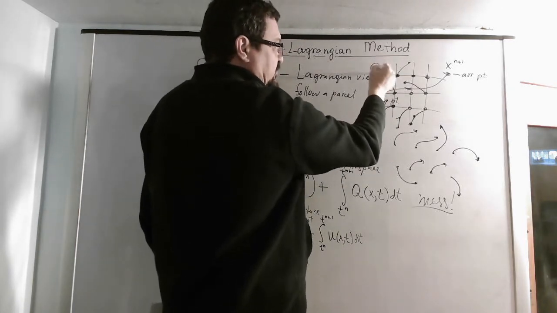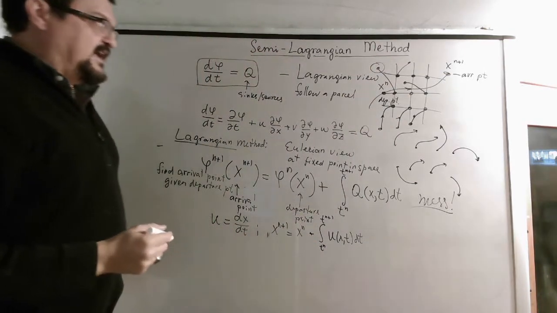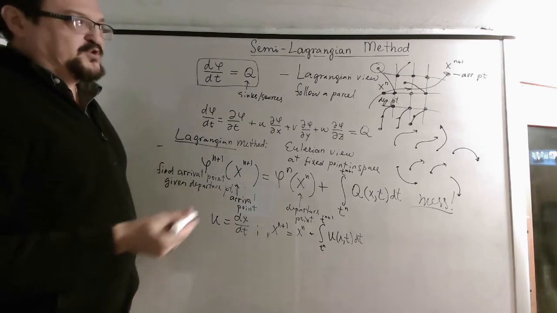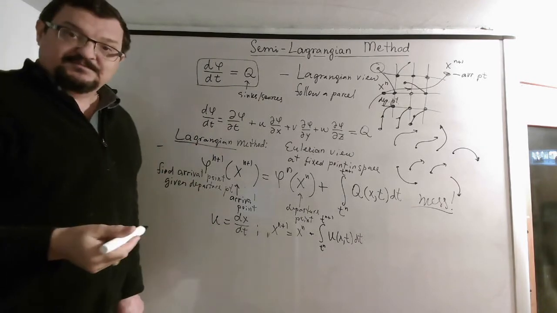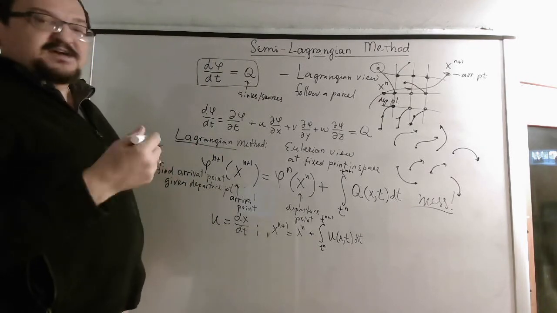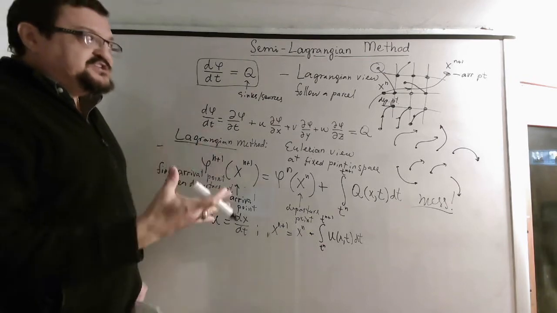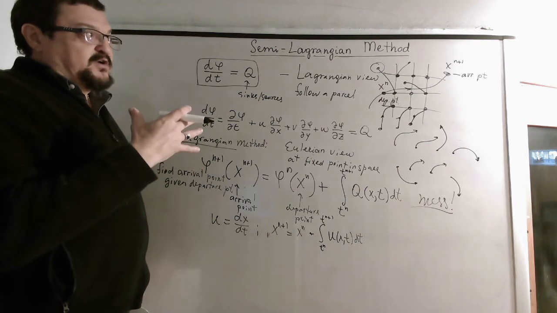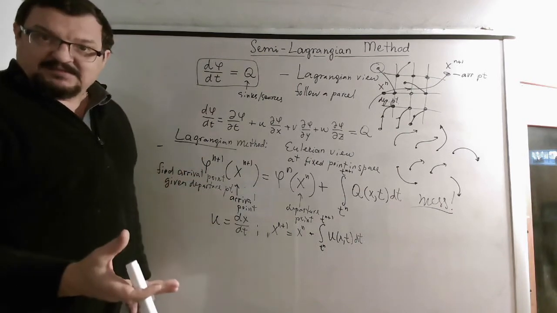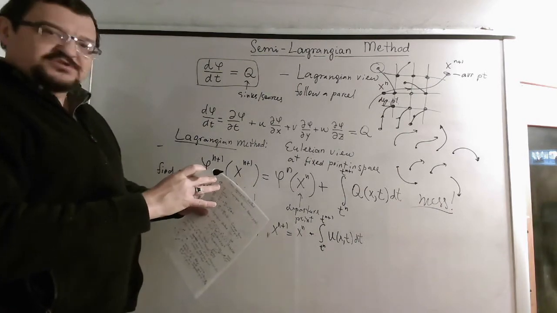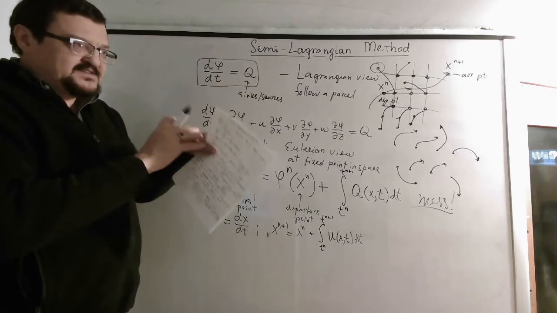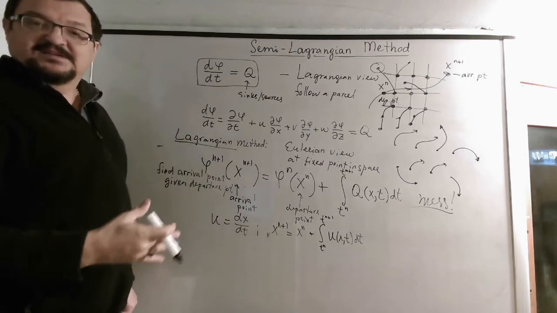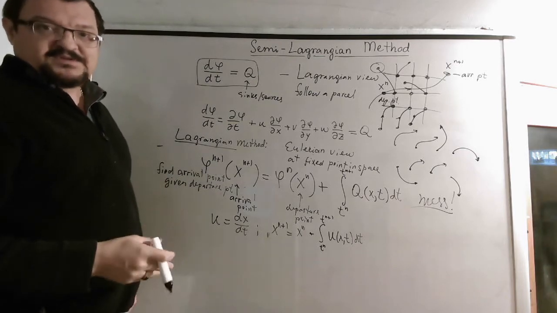So basically this is what you need to do to find a departure point for an arrival point that you know. And in that case, on each new time step, your arrival points are the same. So there is no danger that they're going to concentrate in some places or create bald spots in other places. Each time you just compute new departure points.